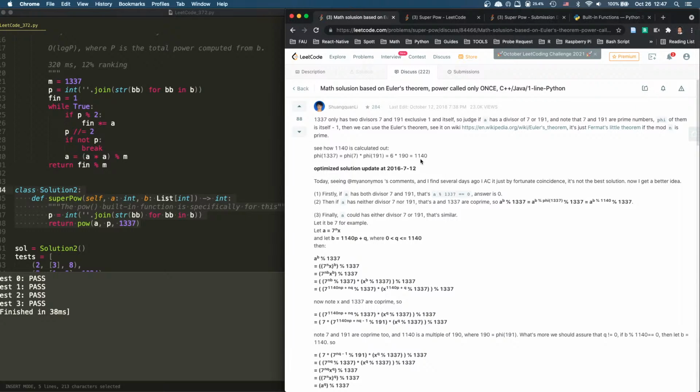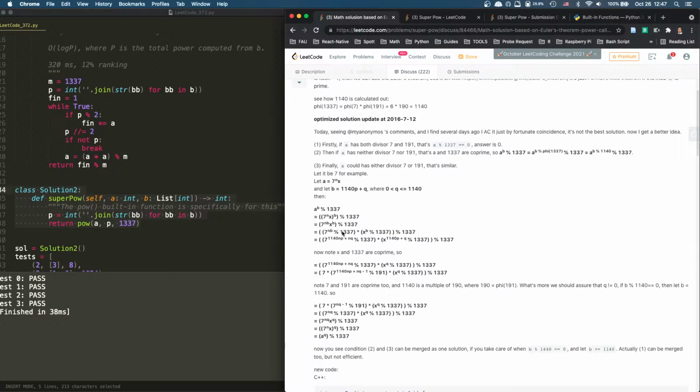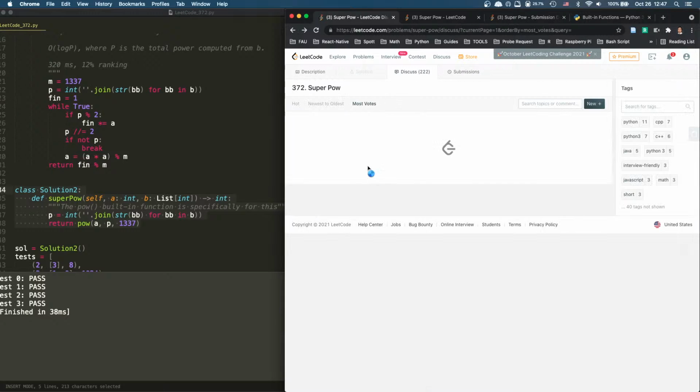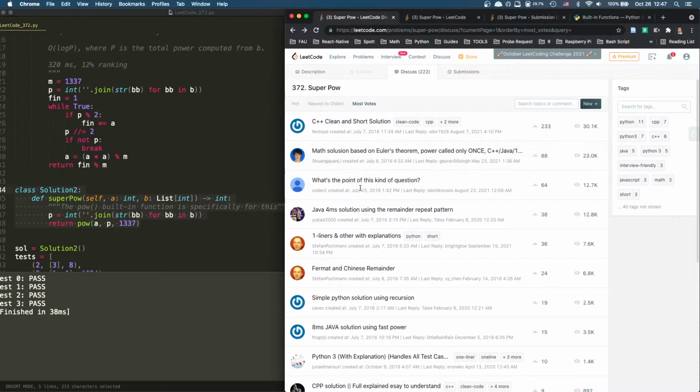Wait, what? Coprime. You know what? I don't like this explanation because I don't understand.